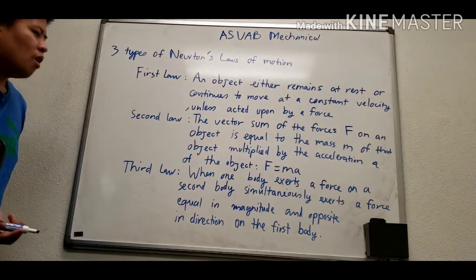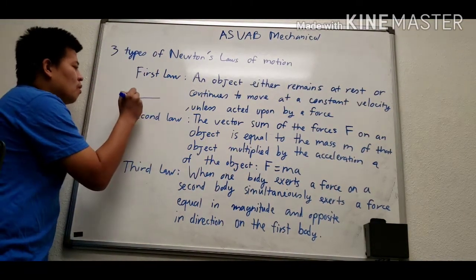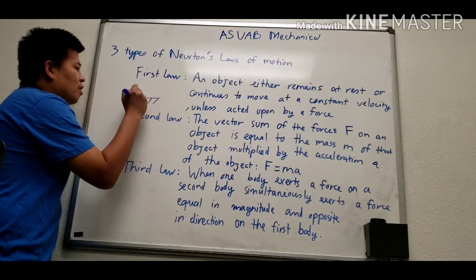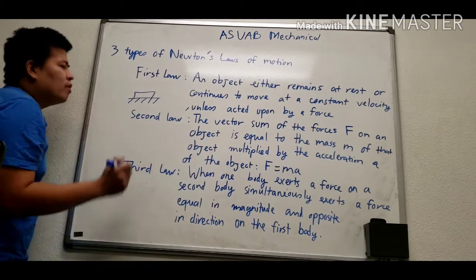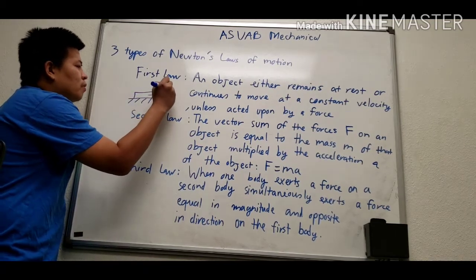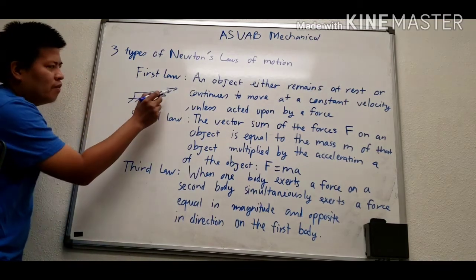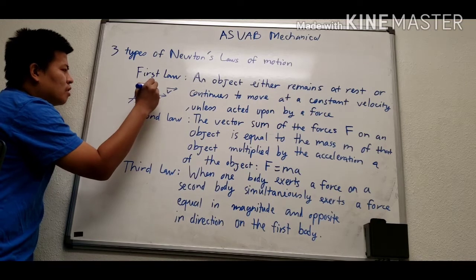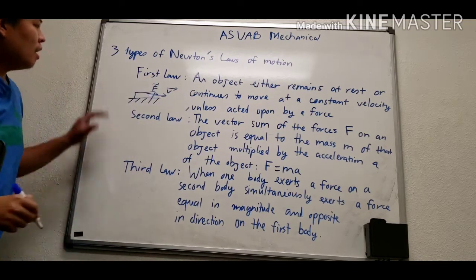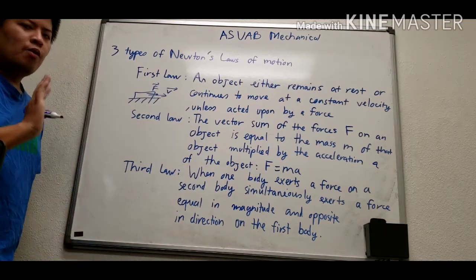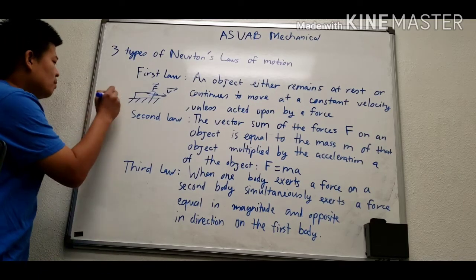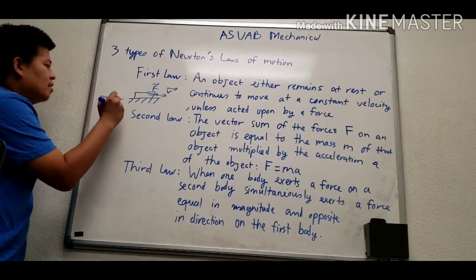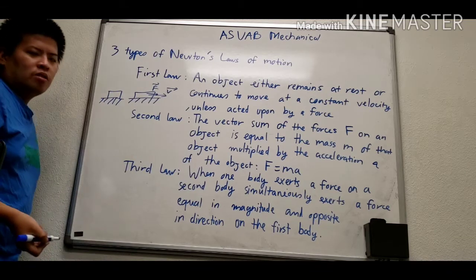So on the first law, we know that we have the object on the ground. If the object moves with the velocity vector on top, they need to apply the force constantly. If they apply the force constantly, it will move the same way, remaining unchanged.